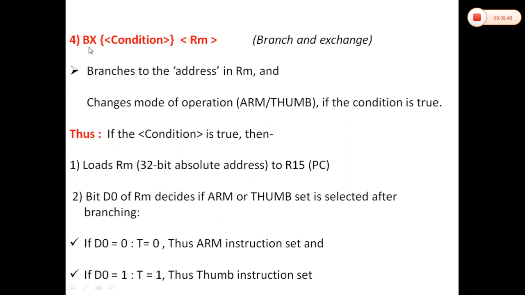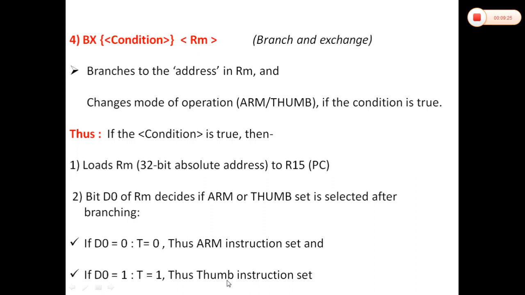And therefore this is a conditional branching instruction, and it branches to a location in the memory where there will be either ARM instructions or thumb instructions. Okay, so it's a conditional branching with exchange. It uses absolute addressing mode. It gives the absolute branching address in RM, and after branching the processor may remain in the ARM mode or it may go to the thumb mode.